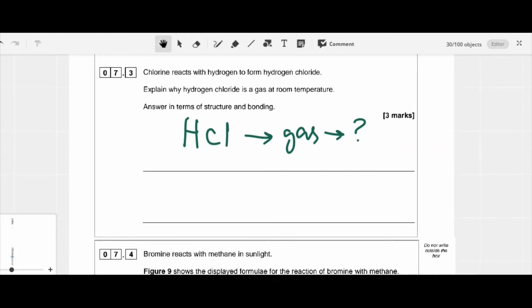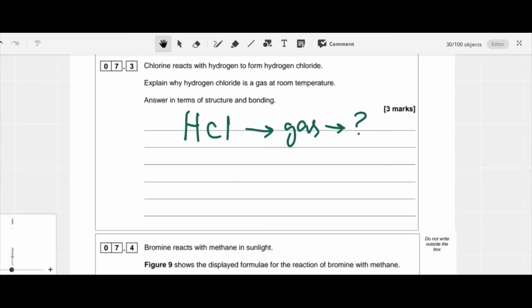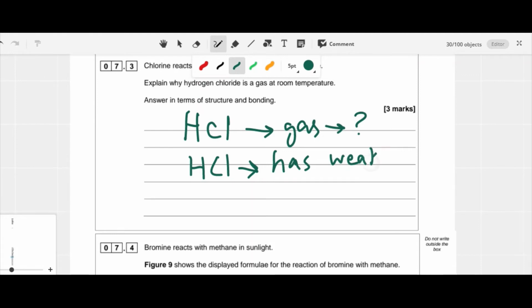Okay, so for this, as we know, hydrogen chloride is made up of small molecules, and HCl has weak intermolecular forces.